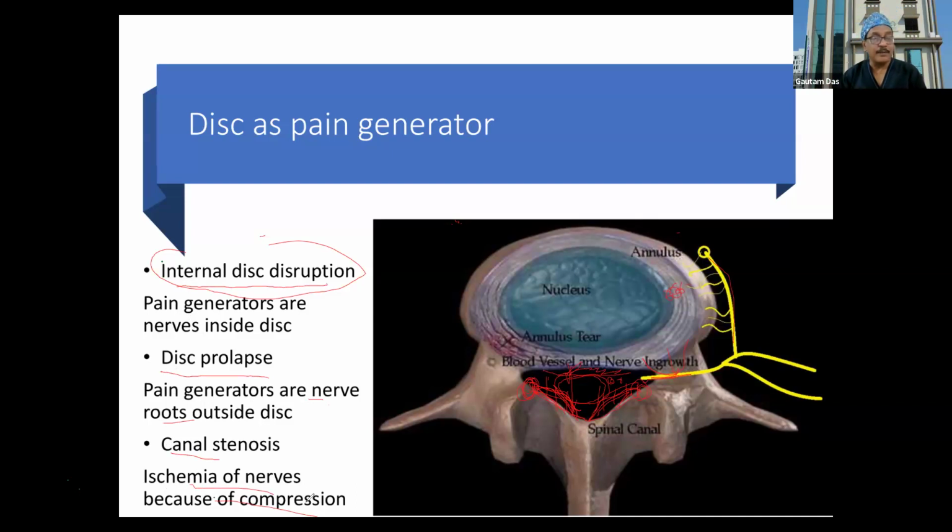Not only pain, the patient will be talking about numbness, weakness, heaviness, this kind of neurogenic features. Internal disc disruption produces back pain, disc prolapse produces radicular leg pain, canal stenosis produces neurogenic claudication. Okay, now let us go to the next slide.